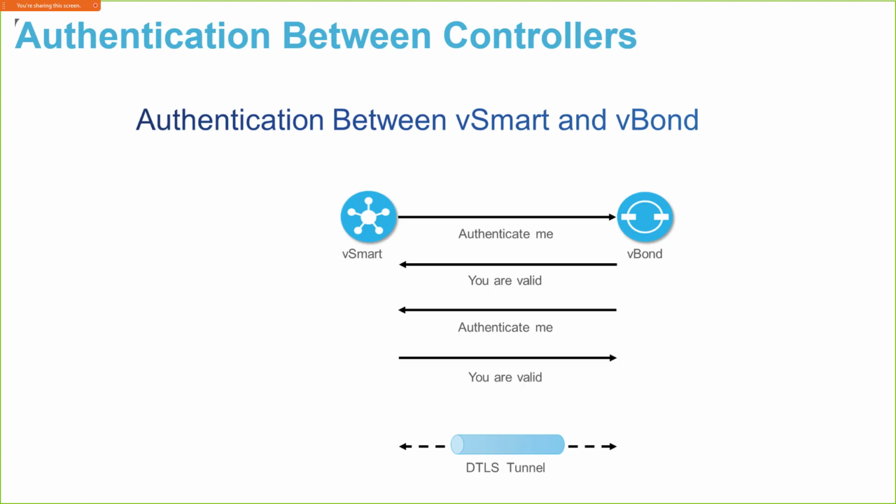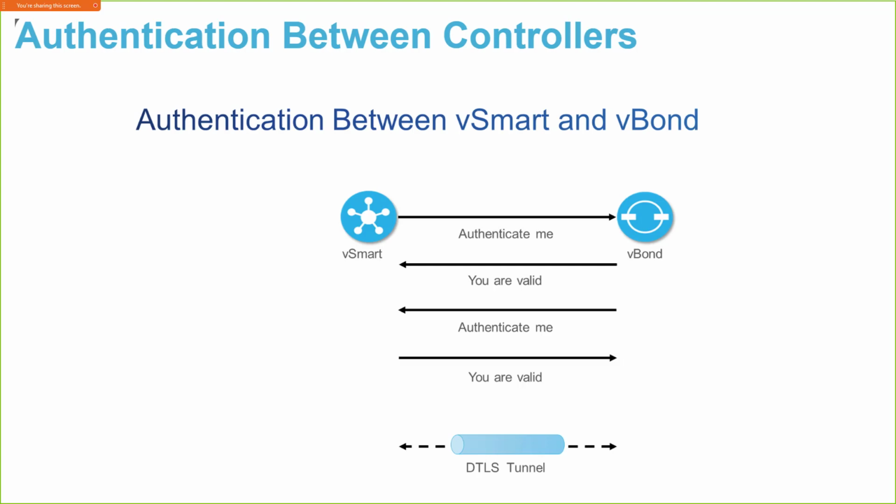Keep in mind that each of these devices can have multiple DTLS or TLS connections to other devices as well. So that vDaemon that we talked about creates what we call a kernel route for each destination. For example, a vEdge router typically has one kernel route, and hence it's only going to have basically one DTLS or TLS connection for each vSmart controller that it's connected to.